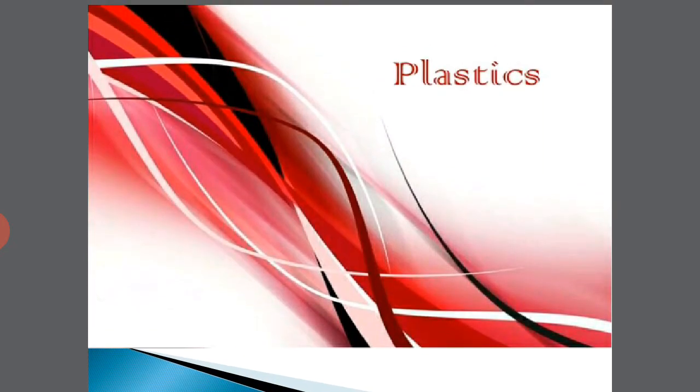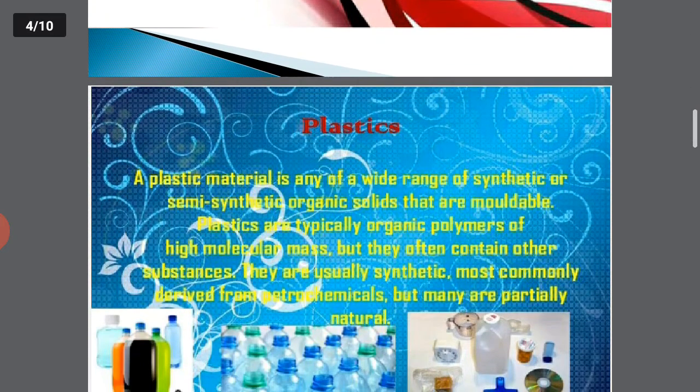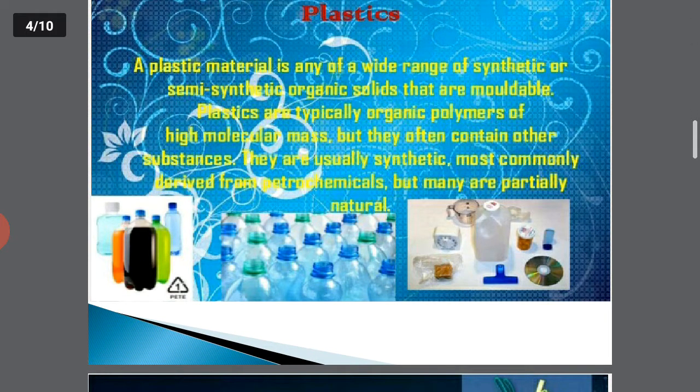Plastic. Okay, let's try to find out the definition or try to understand the concept of plastic. Plastic is any of the wide range of synthetic or semi-synthetic organic solids that are moldable.